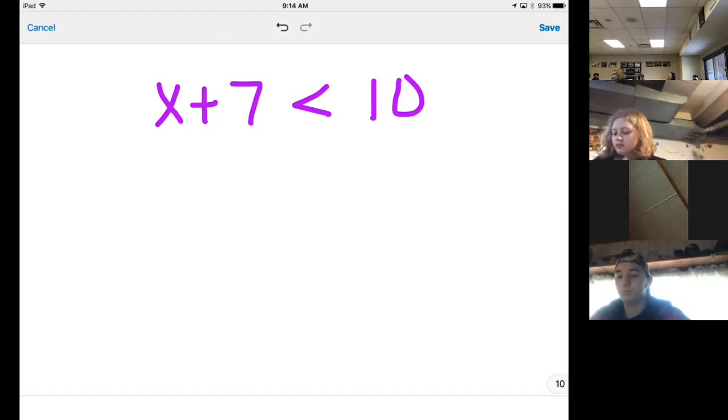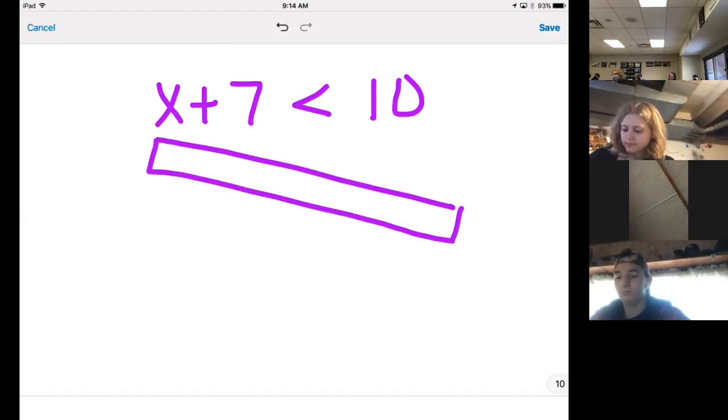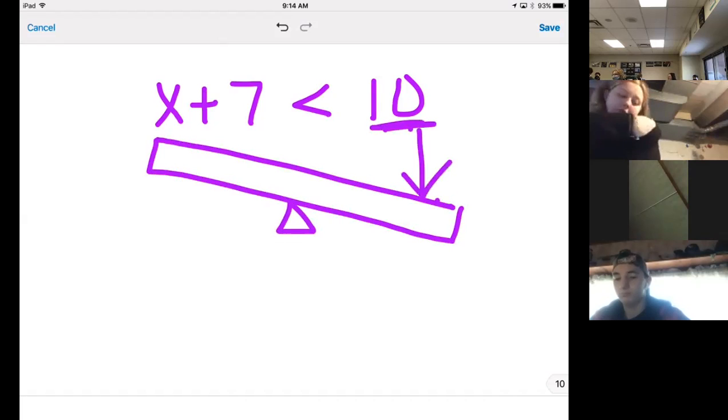Now, if this were a teeter-totter, what would it look like? This guy's heavier. This guy right here is heavier, pushing down harder than this guy. This guy's sitting in the air, right?